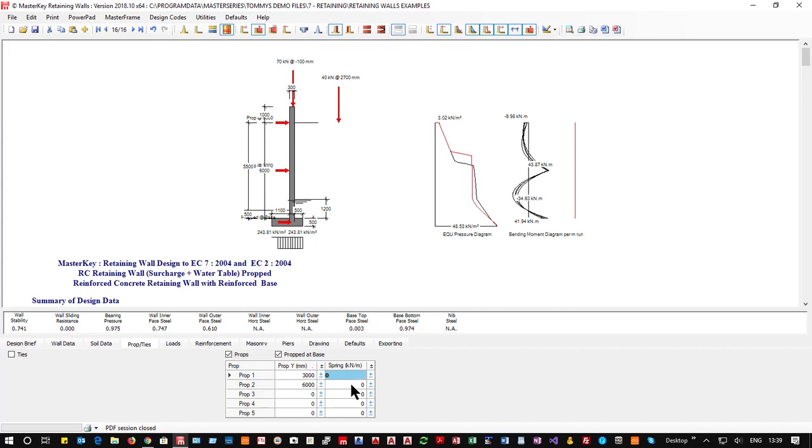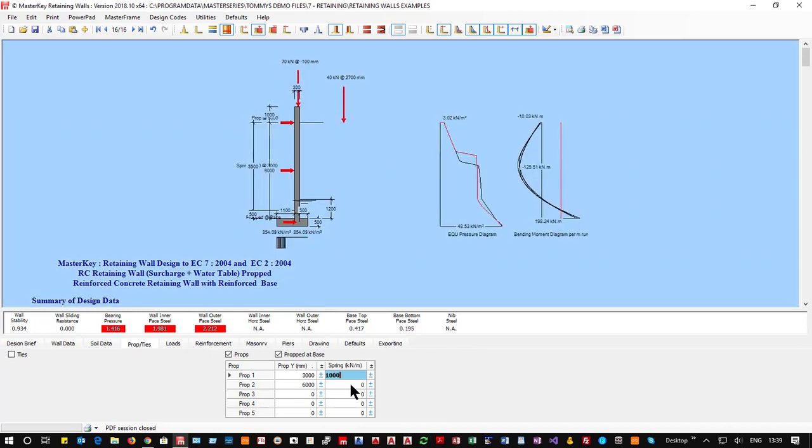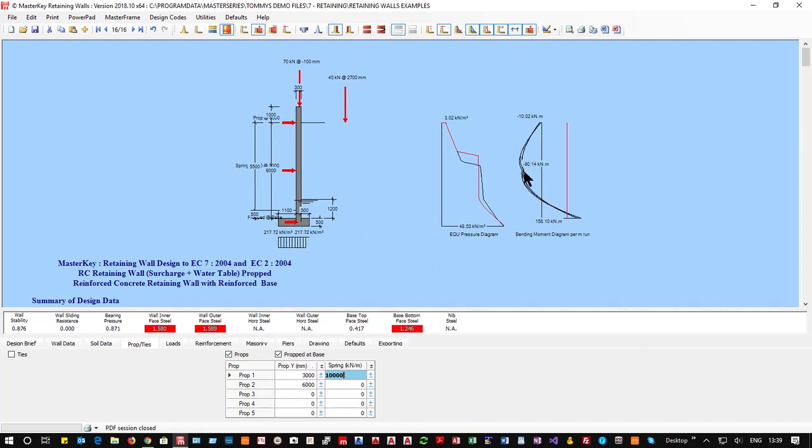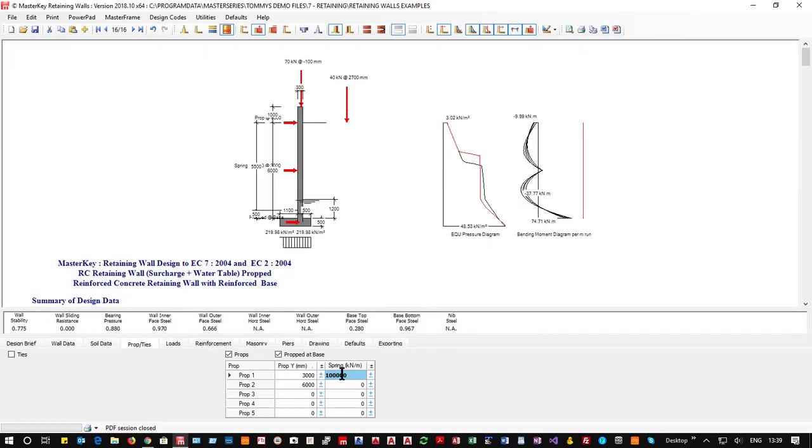So if I took this one, and remember, kilonewtons per meter. If I want this prop to be able to resist quite a lot, I'm going to put in 10,000. As you can see, even at 10,000 kilonewtons per meter, you get very little actual resistance because it's moved so much. 100,000.